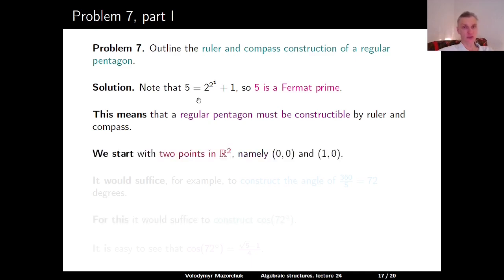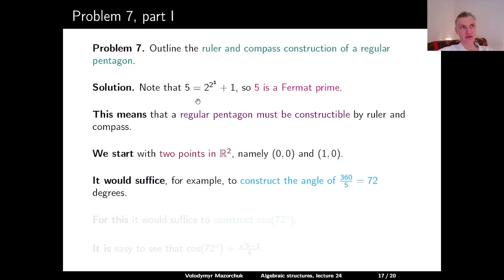So the starting point of our procedure, we have 2 points in R2, namely we take the origin and the point (1, 0). That's all we have, and now we are allowed to use an unmarked ruler and a compass. Of course, it would suffice to construct an angle of 72 degrees, because 72 is 360 divided by 5.